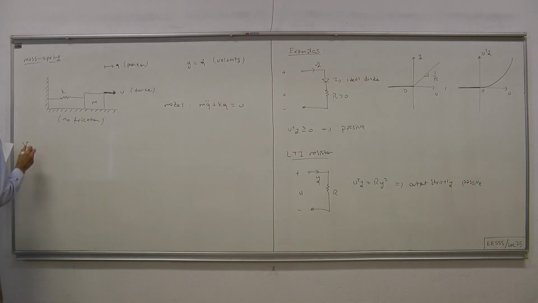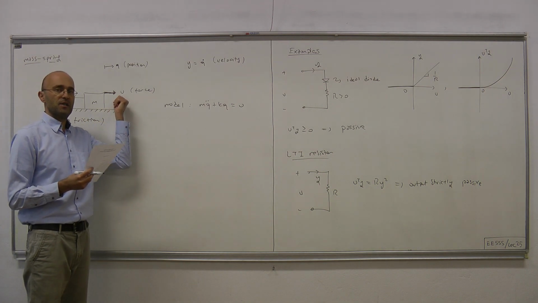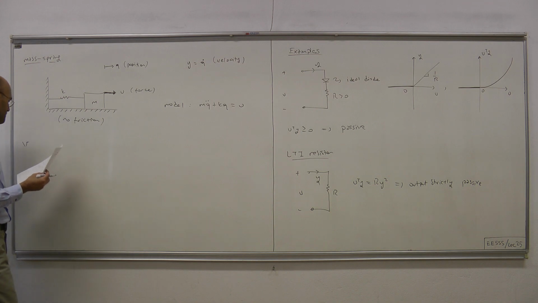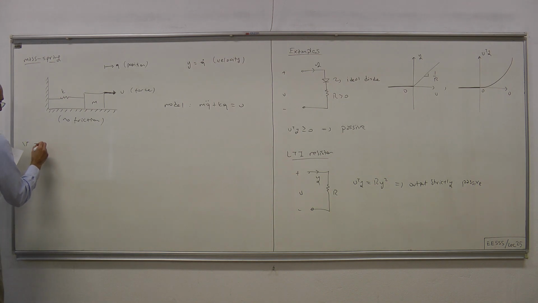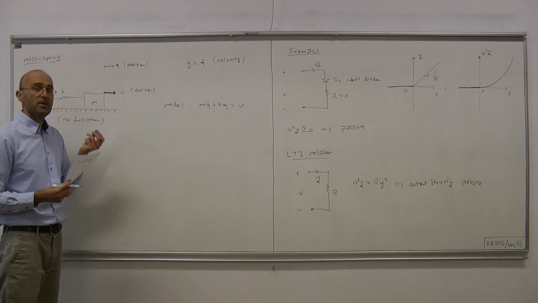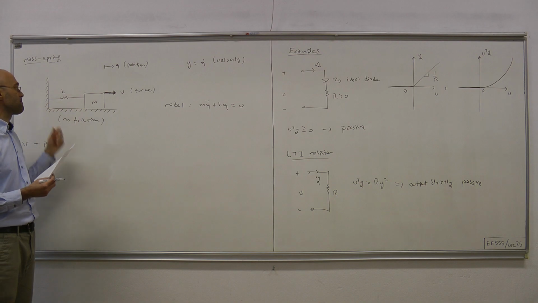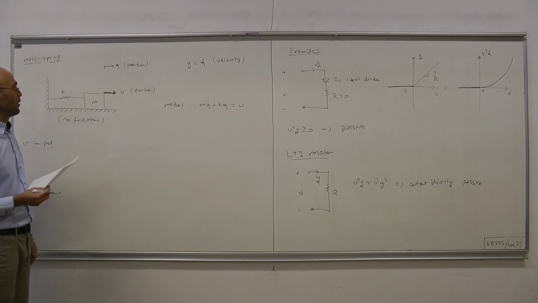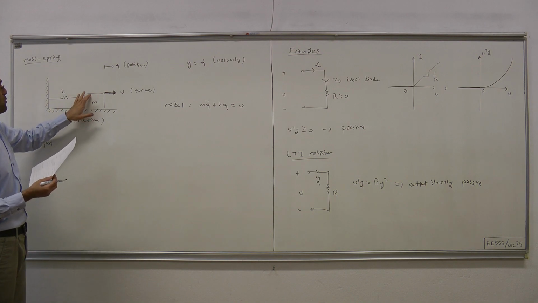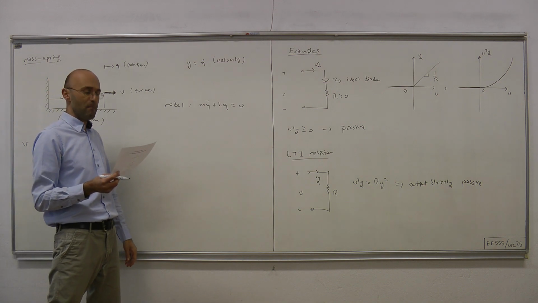Now, the storage function in this physical example can be taken to be the total stored energy, and there are two ways to store energy. One is through potential energy in the spring, depending on the compression or extension of the spring, and also we have the kinetic energy that's stored in the mass.